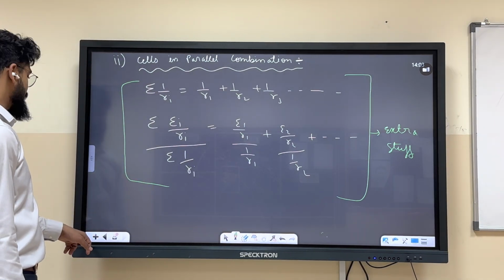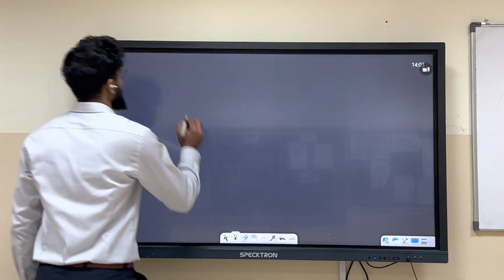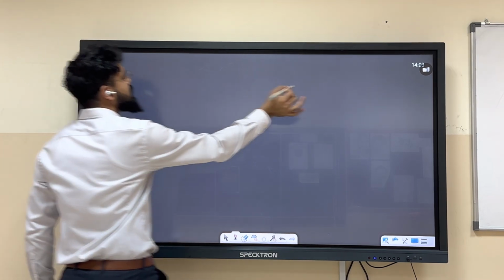Now let's do our derivation. Cells in parallel combination. So the diagram will be like this.